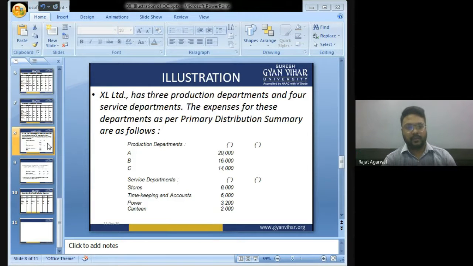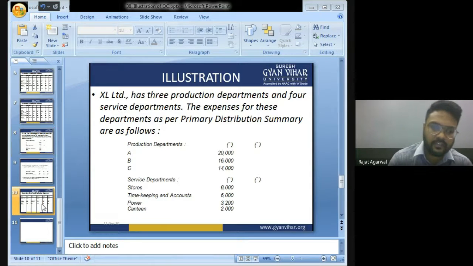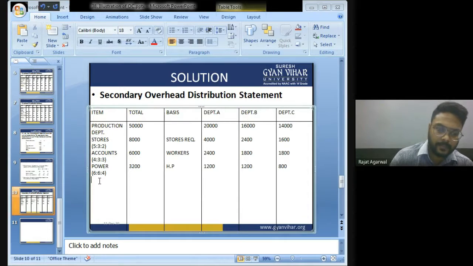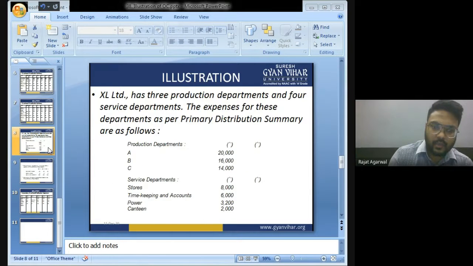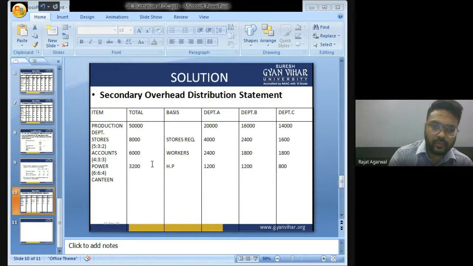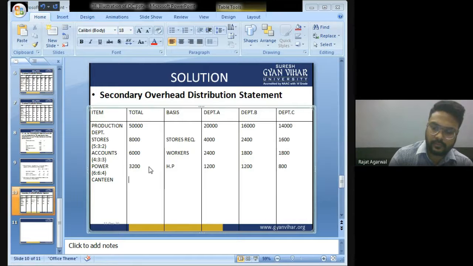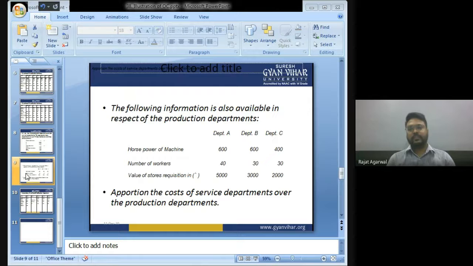Now, after power, canteen is there. Total expense of canteen is 2,000. On what basis will we distribute the expense of canteen?